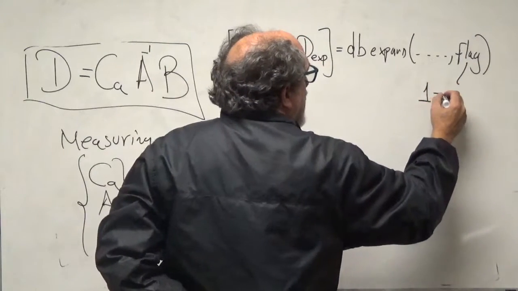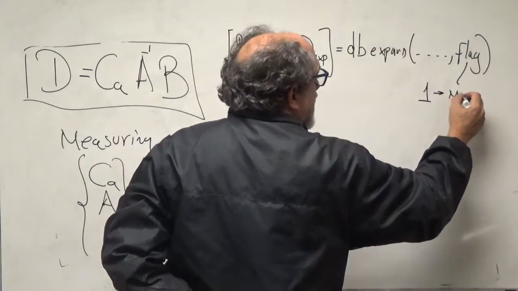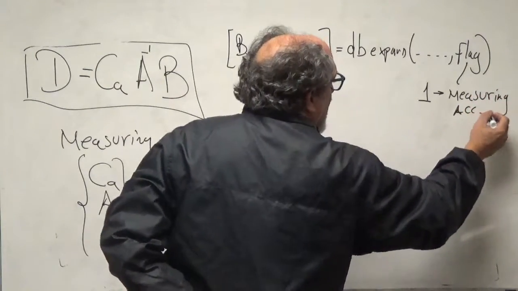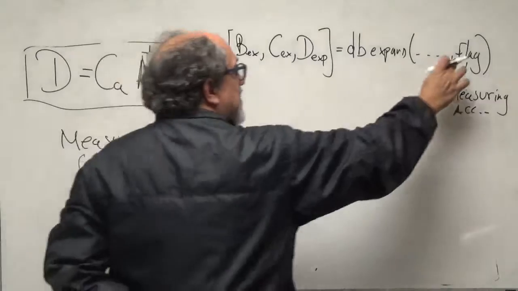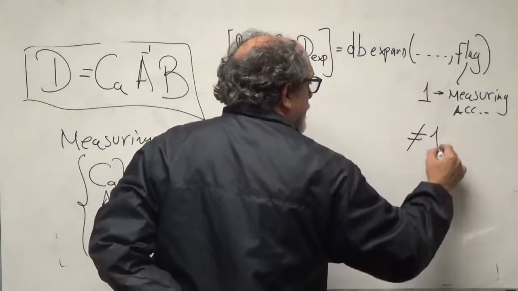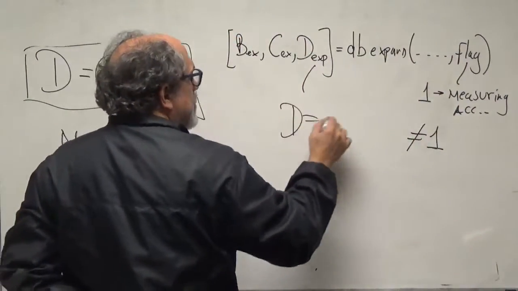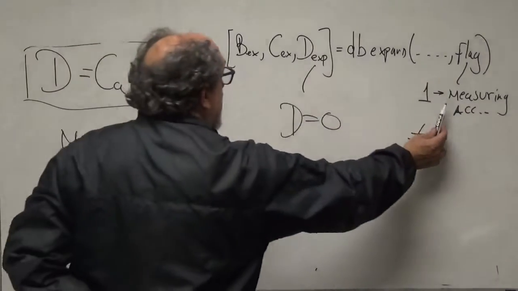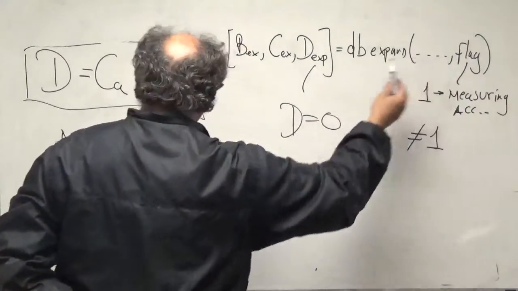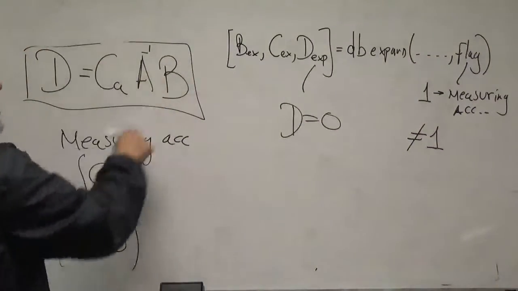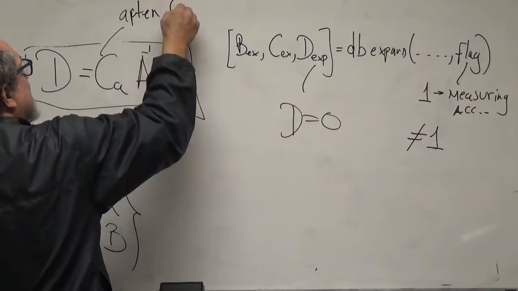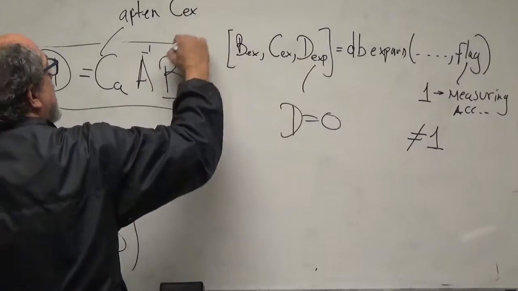If this is 1, I am measuring accelerations, and so the program outputs D. If this is not 1, then the program outputs just a 0 as a warning, because there is no D. Okay? And when it's measuring accelerations, it interprets the input C as being C_A, and it calculates the D like this, after the C is expanded and the B is expanded.